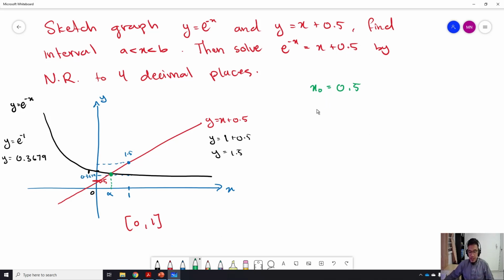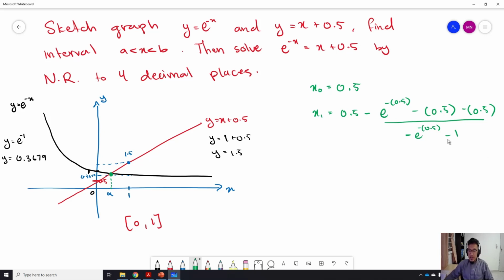Then we proceed to x1, which is 0.5 minus (e to the power of negative 0.5 minus 0.5) over (negative e to the power of negative 0.5 minus 1).